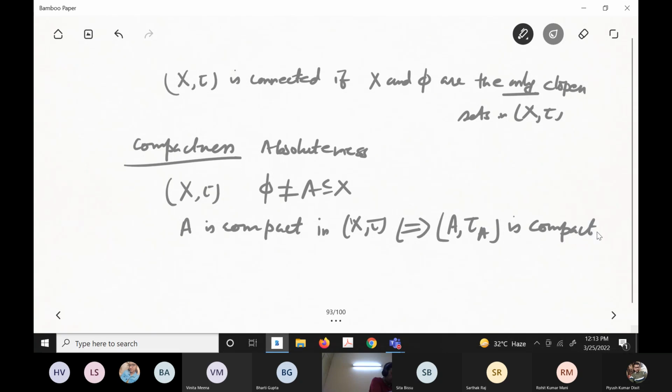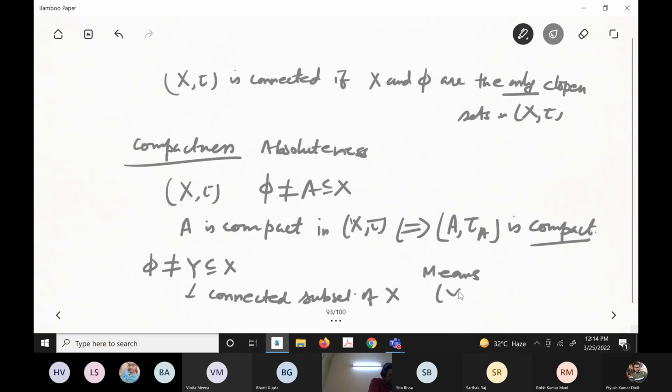But for connectedness, we do not have that. Suppose you have this here, Y. If I say connected subset, what do I mean by a connected subset of X? It means this: X may not be connected, but this is connected.